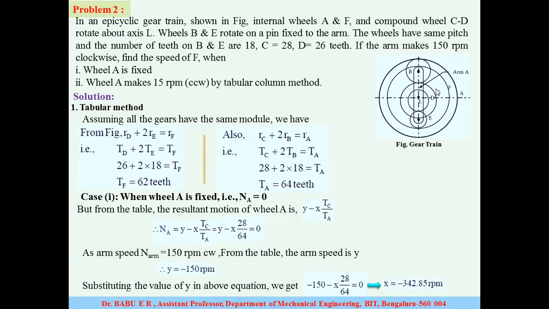You go for the train value. So that is TD by TE when you take the combination of these two, into, so E drives F, TE by TF. So the TE and TE get cancelled out. So you'll get only TD by TF.